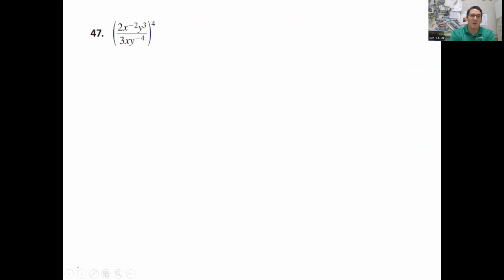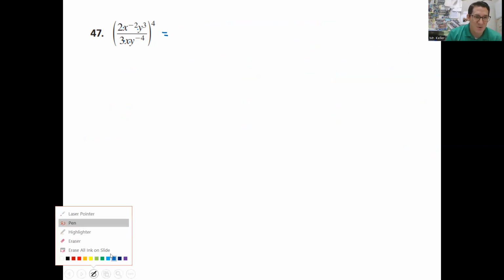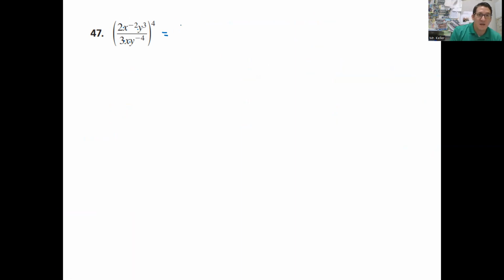All right. So here's one combining everything. I'm going to take this in steps. Remember these are all getting multiplied. I'm going to give every base in there the exponent of 4, it gets multiplied.